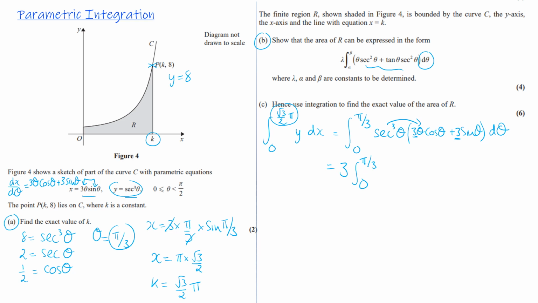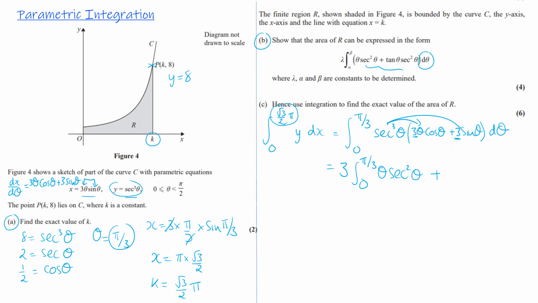Now when that sec cubed goes in, sec is 1 over cos. So you're going to have cos on the top and then sec cubed on the bottom. So that's going to be theta sec squared, because the sec cubed, one of the coses will cancel on the bottom, and then plus, when this times is here, you've got sec cubed, which is 1 over cos.